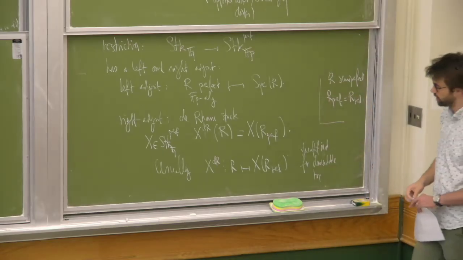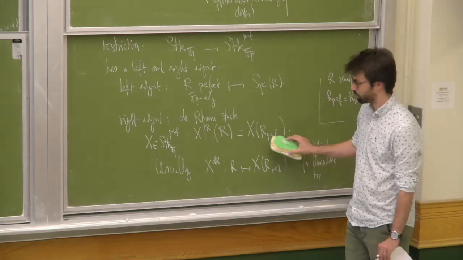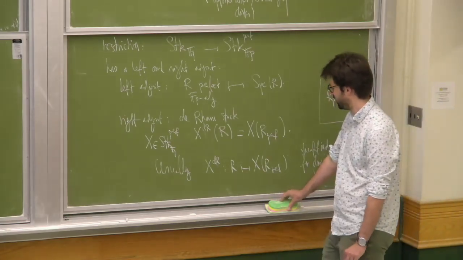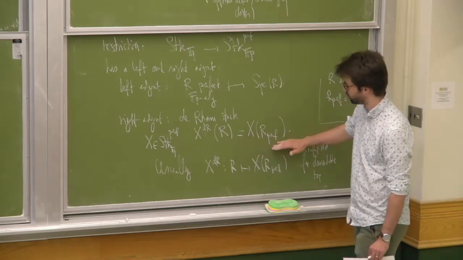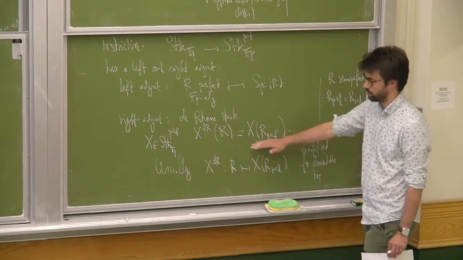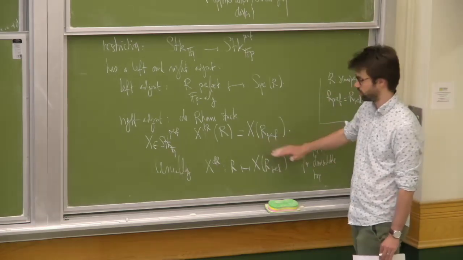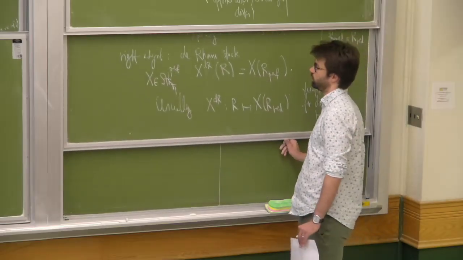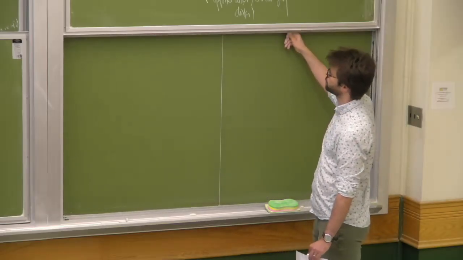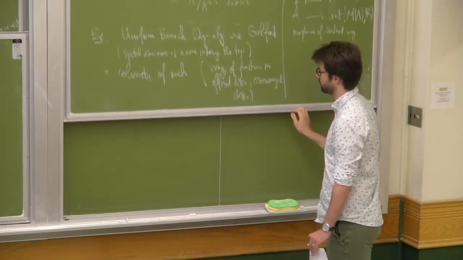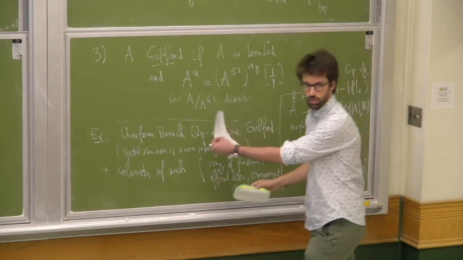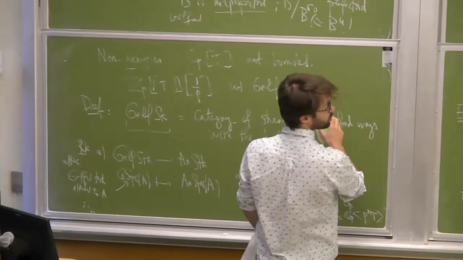So locally for my topology, reduction and perfection are the same. And moreover, if X is a sheaf, then this formula already repeats. Okay, so this is the procedure we want to mimic over Q_p.